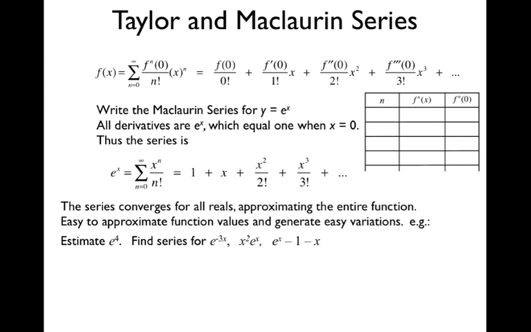Where's Cambria Baston? Is Cambria here? Not here. Ricardo Ornelas? So how can I use this? So we built this power series for e to the x. How can I use it to estimate e to the 4th? What would I do? Yeah, tell me.